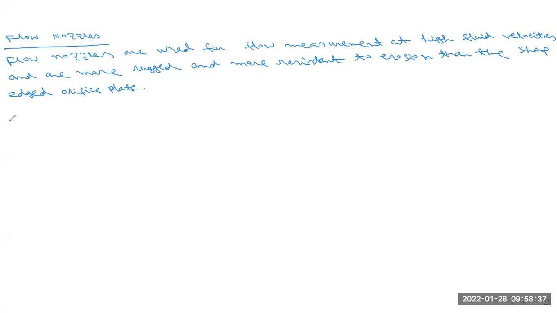So this flow nozzle method is made in different types. Number one, sometimes it is also used as flange type. Number two, holding ring type. Number three, weld in type.